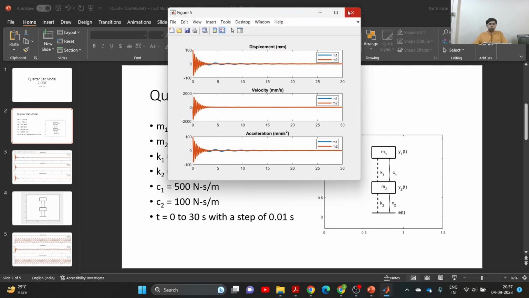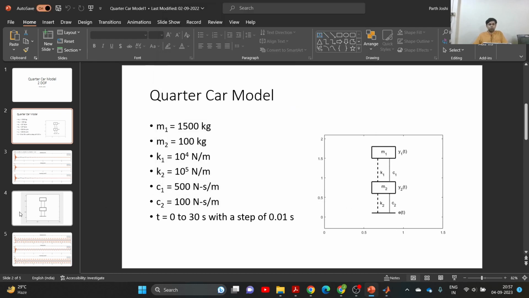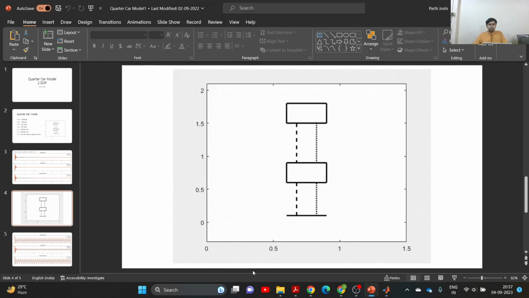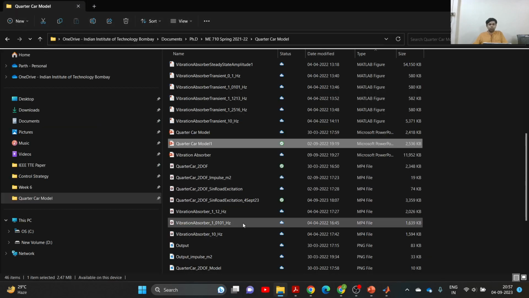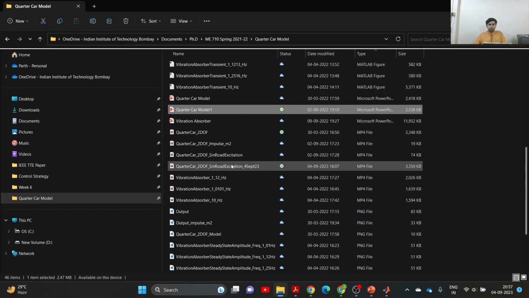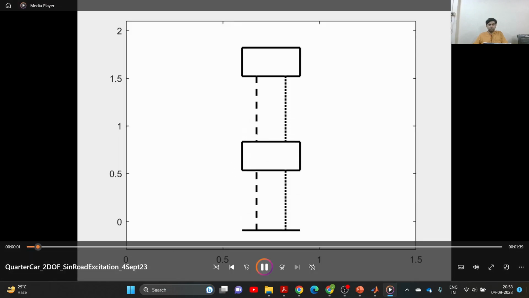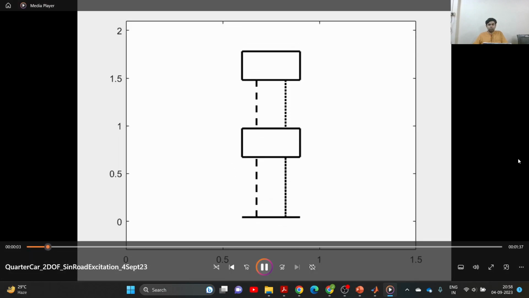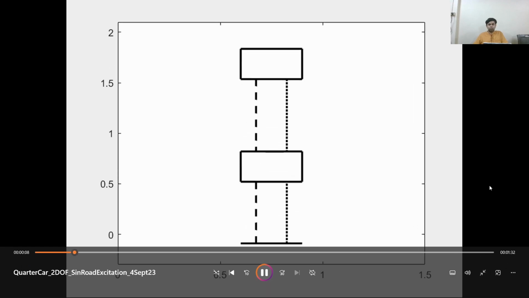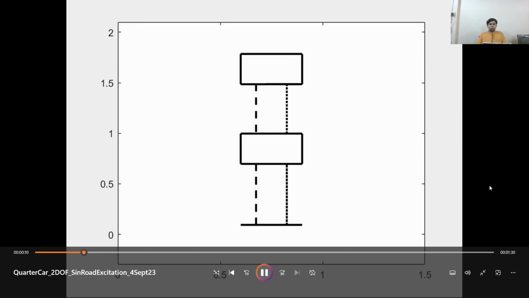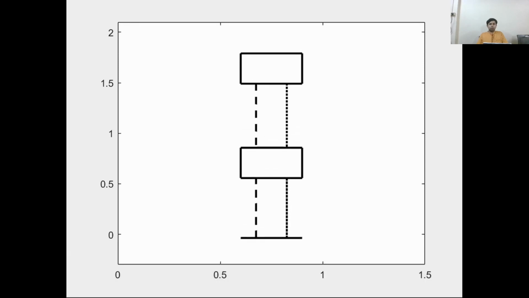We can also use MATLAB to create an animation. So let us have a look at an animation of this motion. In this case, our base is subjected to a sinusoidal excitation.